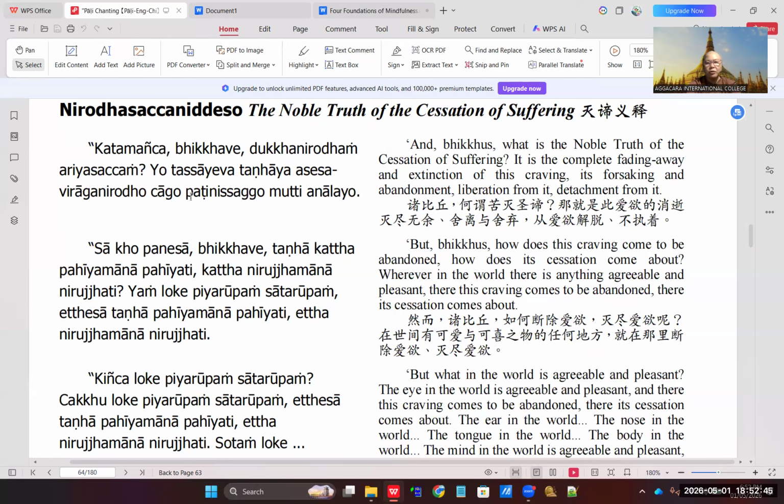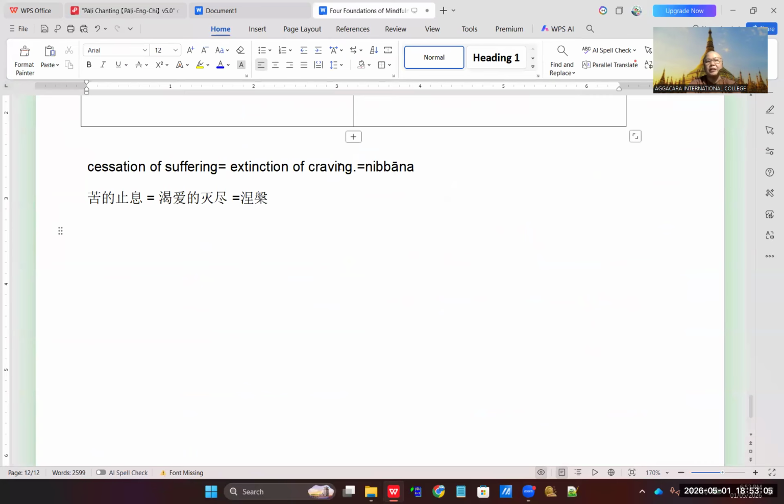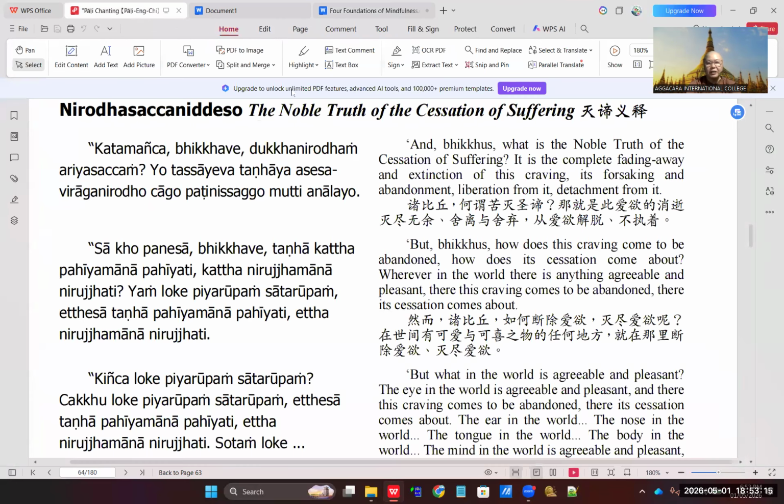Patinissaggo, also the same, abandoning. Mutti, liberation. Analayo, detachment. So the cessation of suffering is talking about the cessation of craving. All right, so cessation of suffering means cessation of craving. So if no craving, no suffering. If there's craving, there's suffering. Which is nibbana.